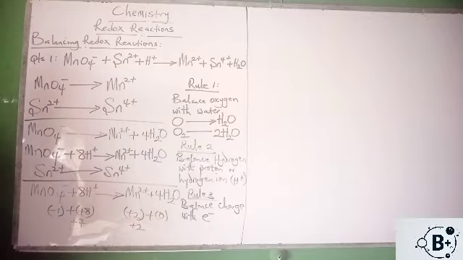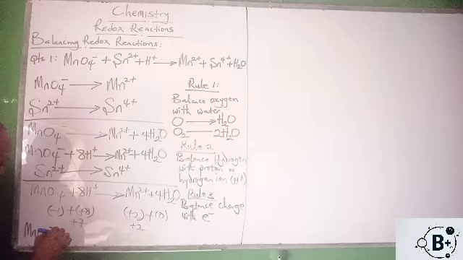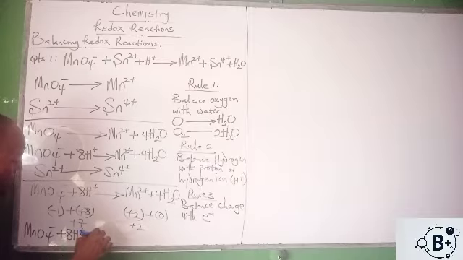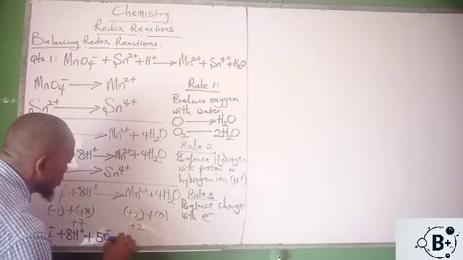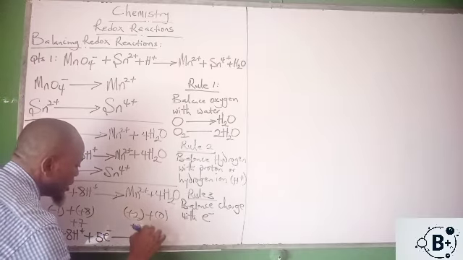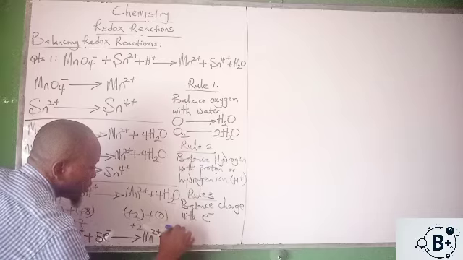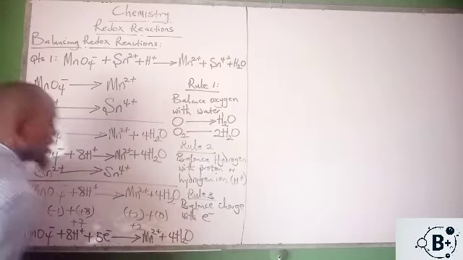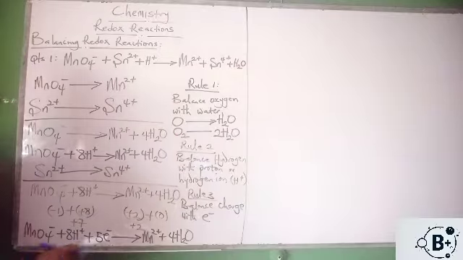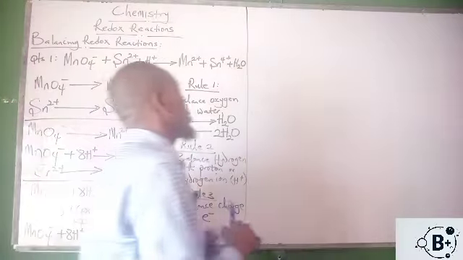So we write MnO4- plus 8H+ plus 5e- giving us Mn2+ plus 4 molecules of water.